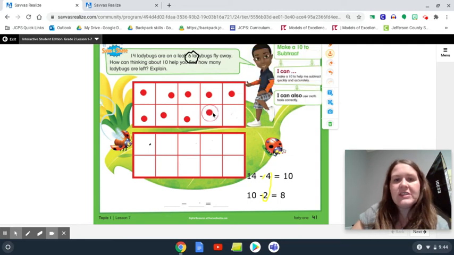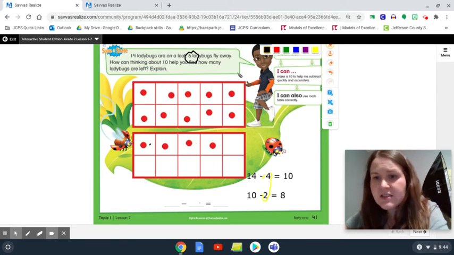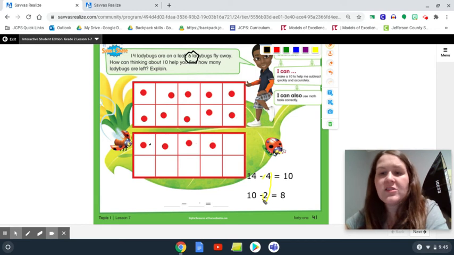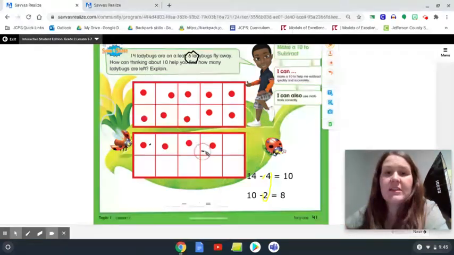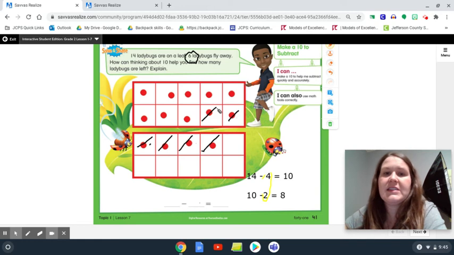Go back to my stamps. I know I had 14 ladybugs, so I'm going to have 14 ladybugs again. You could have just crossed out 6. You don't even have to worry about making it to the 10, making it 4, then making it 2. Just cross out 6. 1, 2, 3, 4, 5, 6.